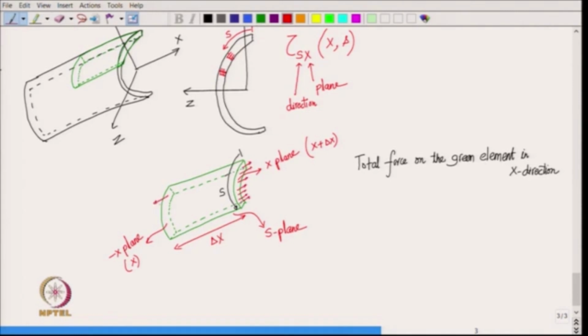Likewise, on the negative x plane also we have sigma x x, and on the s plane we have tau x s. Now, you see this is positive s plane, it is not negative s plane, it is positive s plane. So, on positive s plane tau x s should point in the positive x direction. So, therefore, the shear stress here is going to point in the positive x direction.